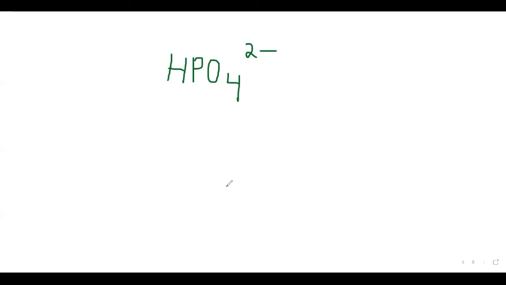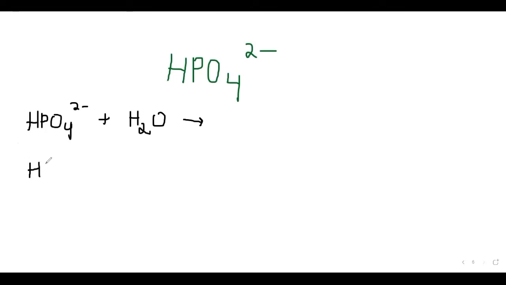Let's use water as the second reactant that reacts with HPO4 2 minus. I'm going to write the equation here. So HPO4 2 minus reacts with water. The second reaction will be the same.